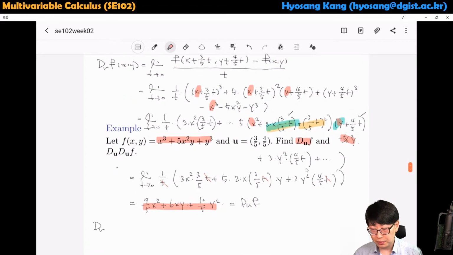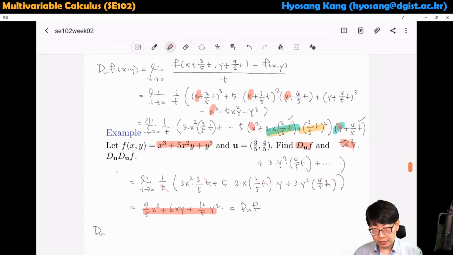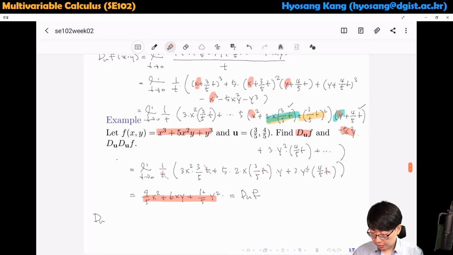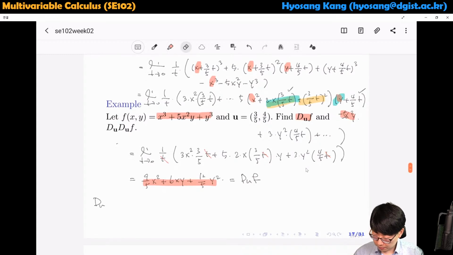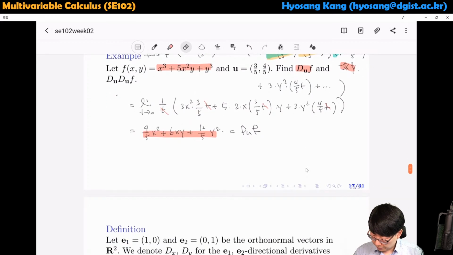There's an easy way to do this once you know what the chain rule is, but for now it's just an exercise, so you can do this similar method on this new function duf again. So I'm not going to do this again. Okay.